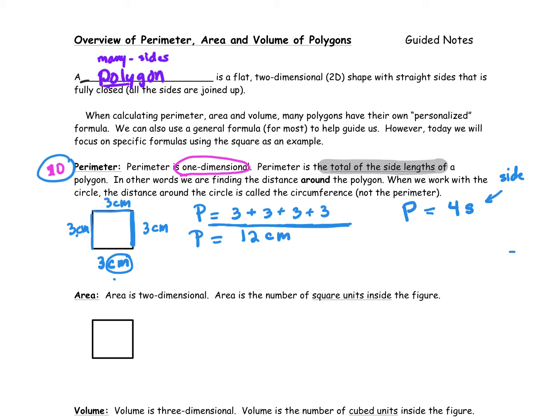So formulas you don't have to use for perimeter. You can just add the sides together, but sometimes it's a nice shortcut. So let's prove that we get the same answer. If I took 4 times the side length of this square, which would be 3, I'm still going to get the perimeter as 12 centimeters. So you can use either way, whatever way you think best suits you.